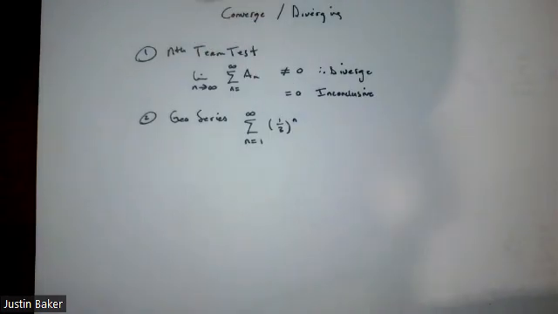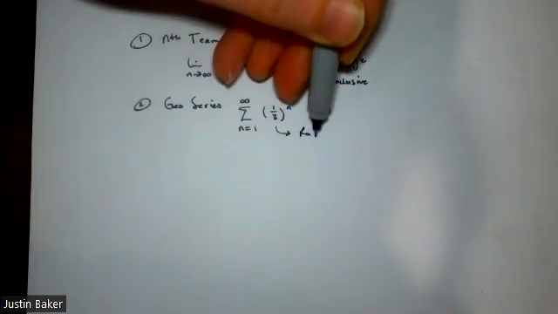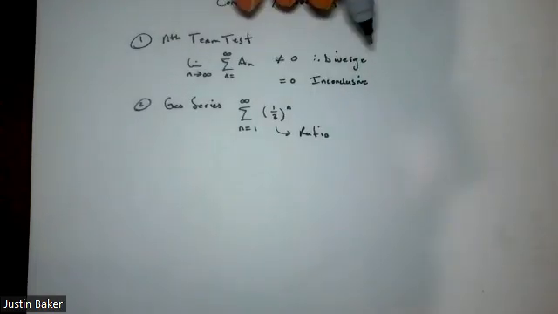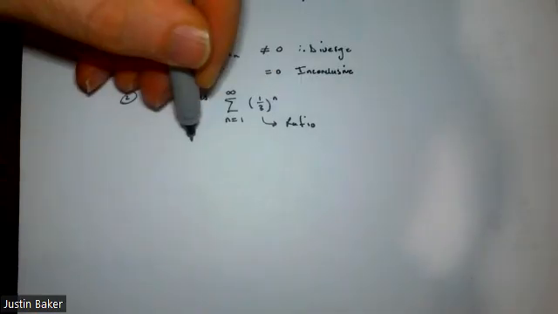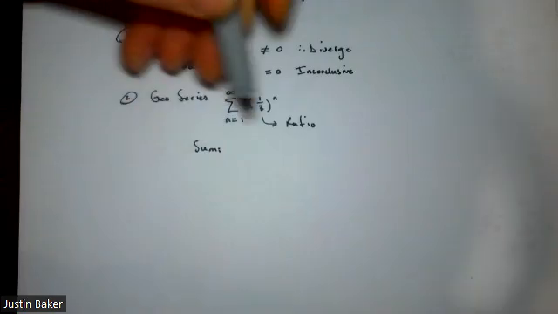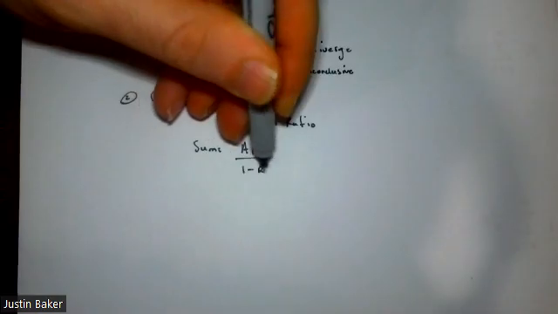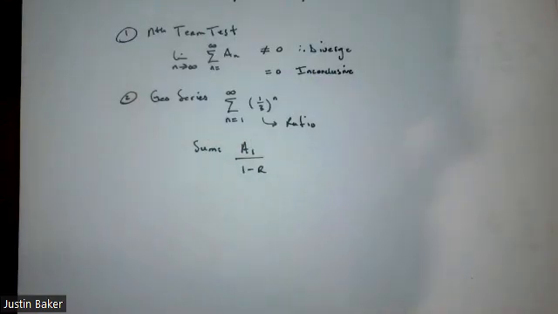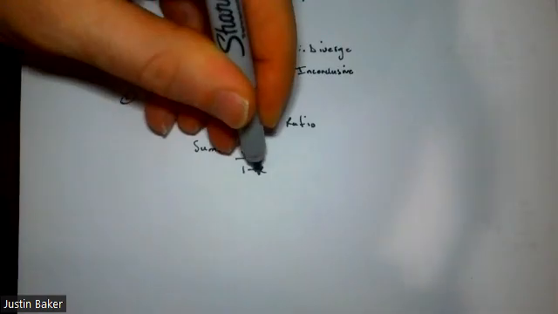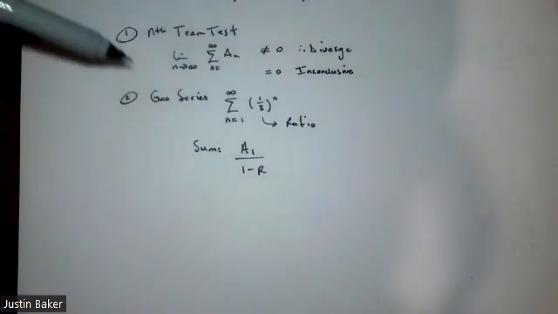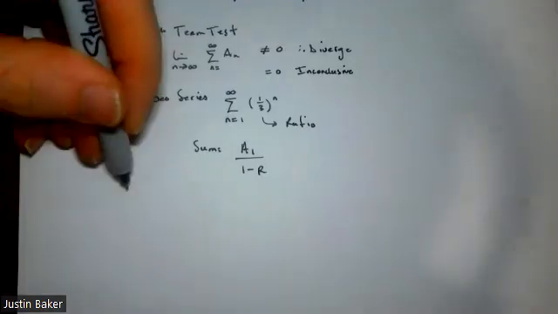Depending on what this fraction is, it was called the ratio. If the ratio is a fraction, then we can say that this is going to converge. And to find the sum of a geometric series, I gave you the formula of first term over 1 minus the ratio. So that would be a next thing we could take a peek at.